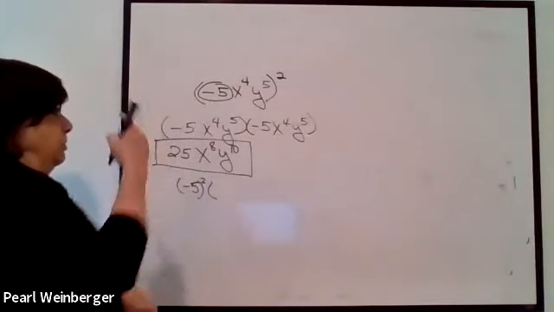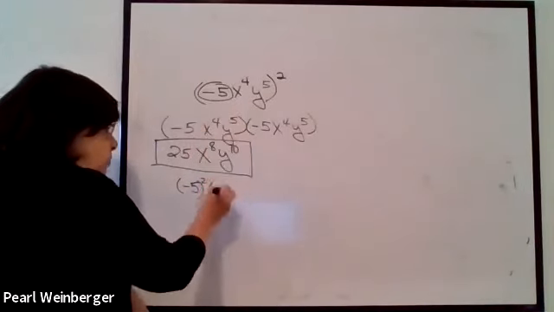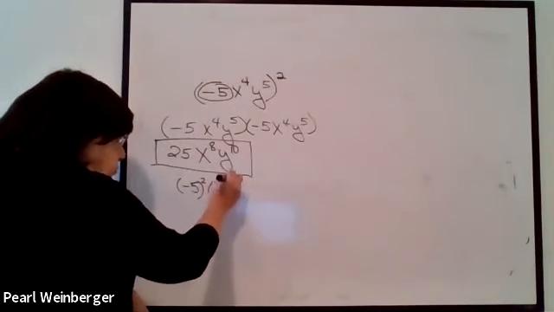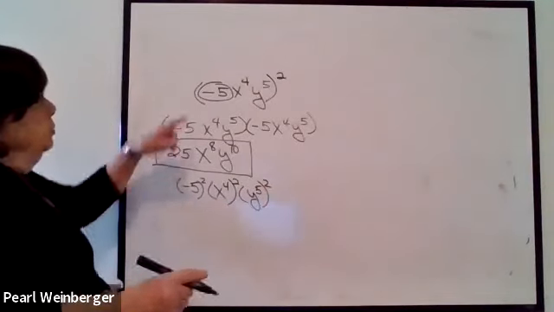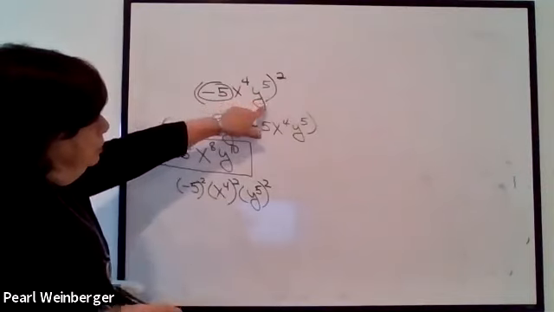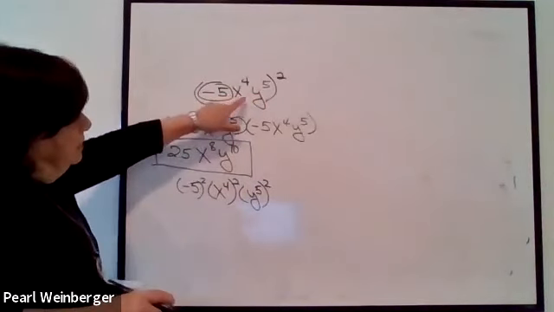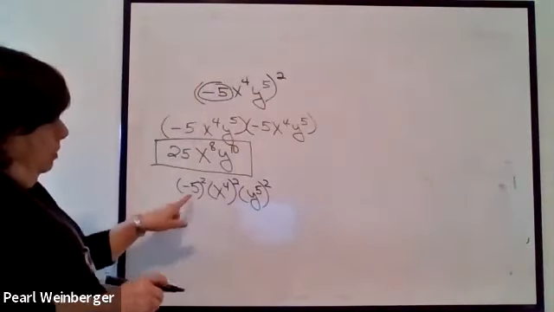I'm writing this whole thing out, but you could really do it in your head. The next factor is x to the 4th. You're going to have to do that to the square. And the next factor is y to the 5th, and you'd have to do that squared as well. Don't forget that you're squaring every single factor, which means the coefficient as well.